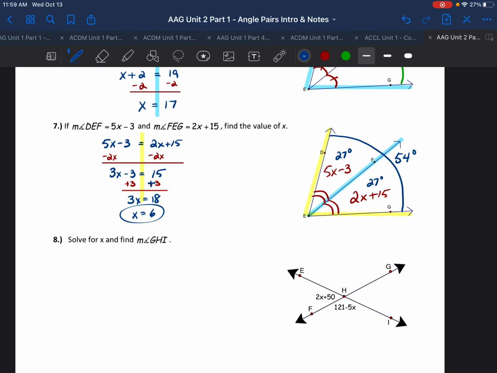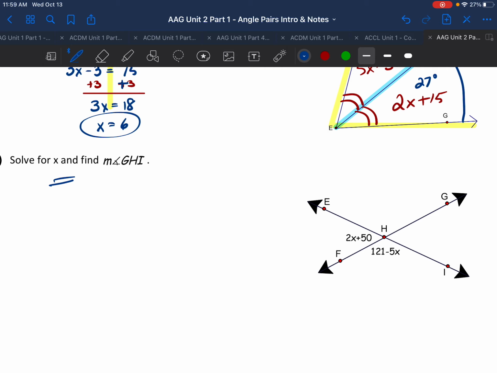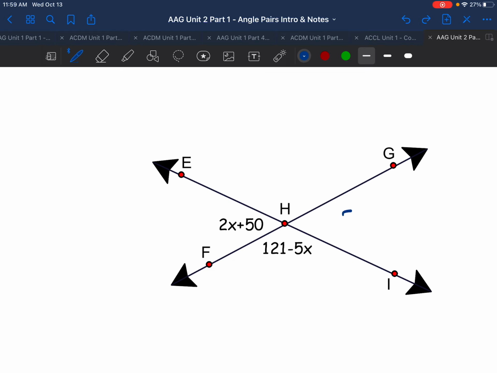So that brings us to our last example here. Number 8 says solve for x and find the measure of GHI. All right, GHI. Oh, wait a second. GHI is over here. Okay, but here let's remember a couple quick things. I'm just going to grab green. These 2 angles are equal. So by the time we're done, whatever we get for angle EHF is going to be the same thing as GHI.